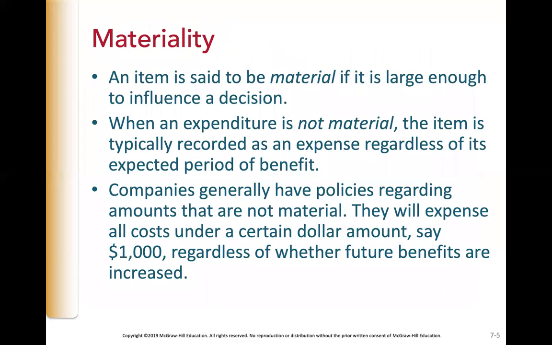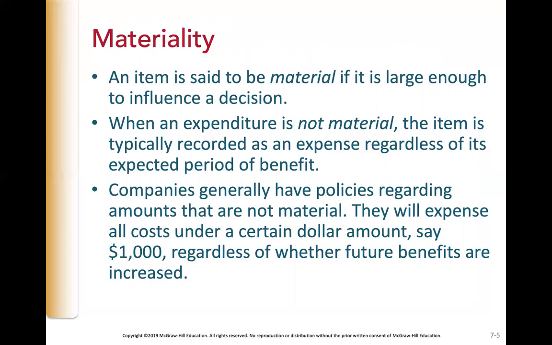Lastly, materiality. An item is said to be material if it is large enough to influence a decision. When an expenditure is not material, it's typically recorded as an expense, regardless of its expected period of benefit. Think about a classroom, for example, the trash can. That trash can is probably 10 years old, but it might have cost $25 when it was purchased.